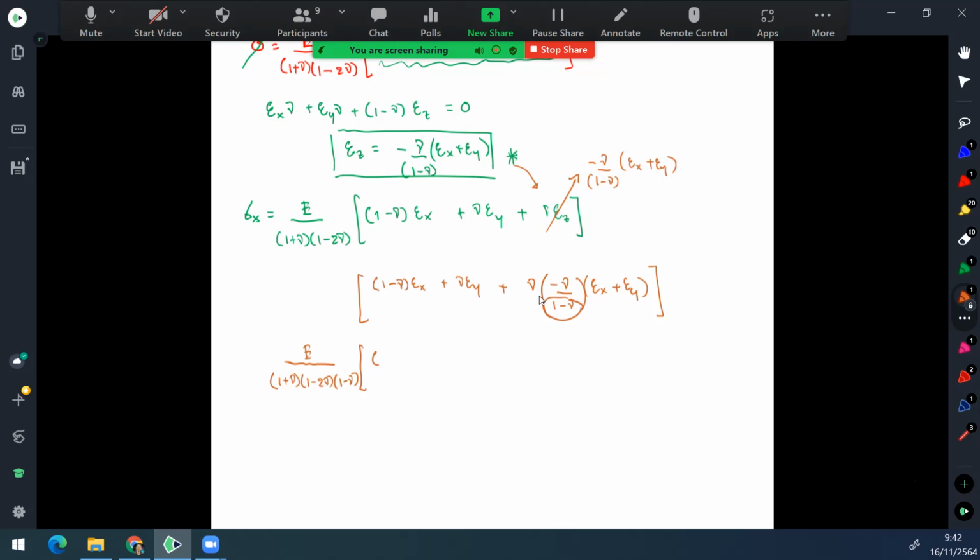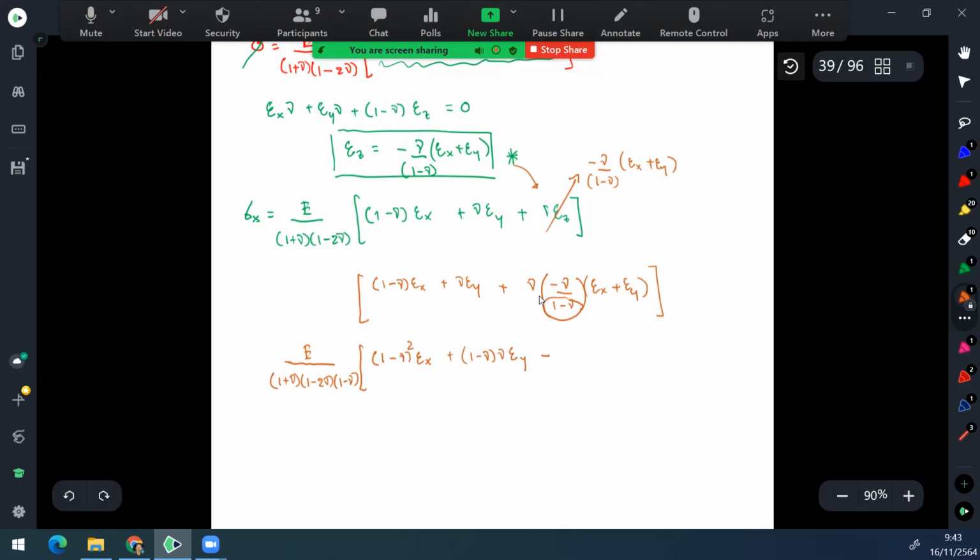Then this should be 1 minus nu squared epsilon x plus 1 minus nu epsilon y, and this term becomes minus nu squared epsilon x plus epsilon y.